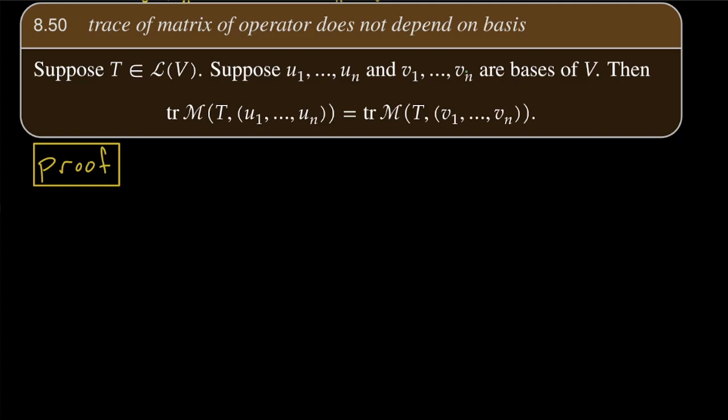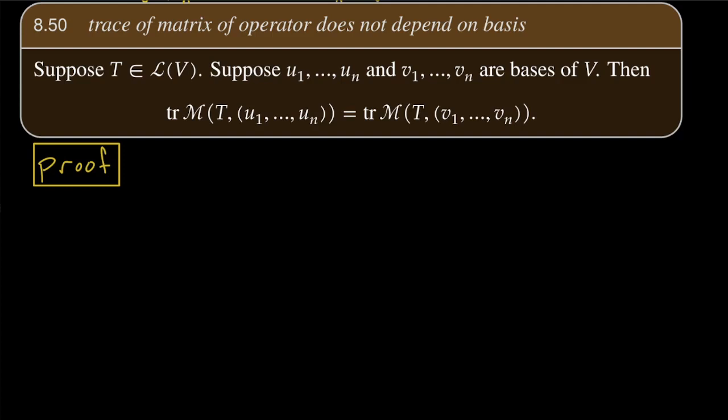Then the claim is that the trace of the matrix of T with respect to the basis u1 through un and the trace of the matrix of T with respect to the basis v1 through vn are the same. That is, the trace does not depend on the choice of basis. You can take the trace of an operator independently of its choice of basis just by taking the trace of the matrix of that operator with respect to any old basis you possibly want.